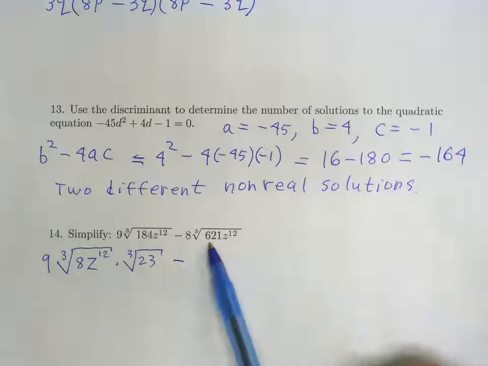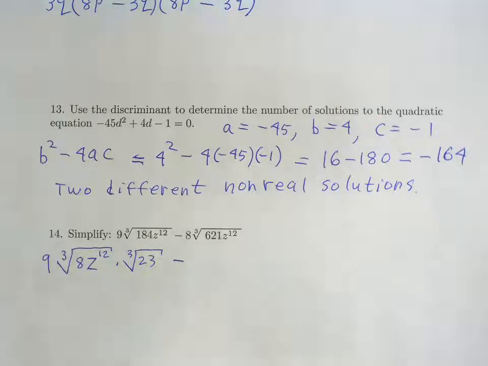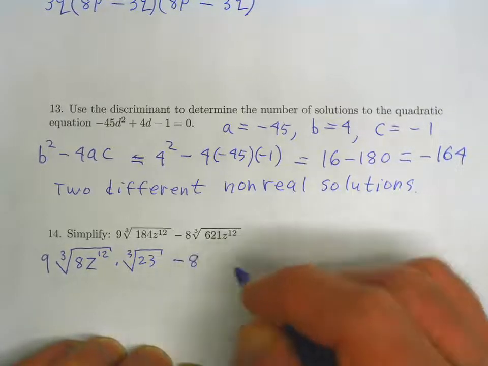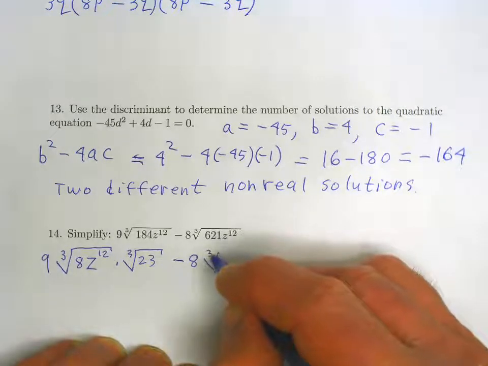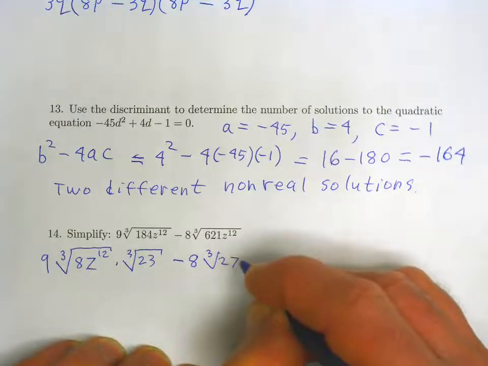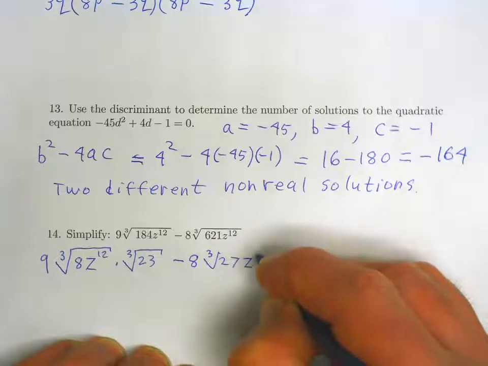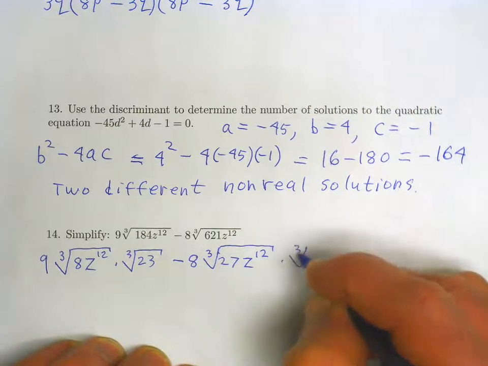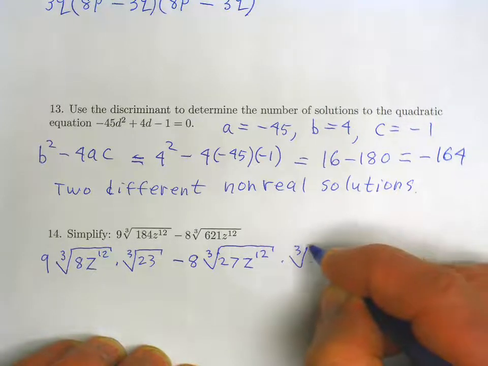The largest factor of 621 that is a perfect cube is 27. 27 times 23 is 621. So we can rewrite this second term as minus 8 times the cubed root of 27z to the 12th times the cubed root of 23.